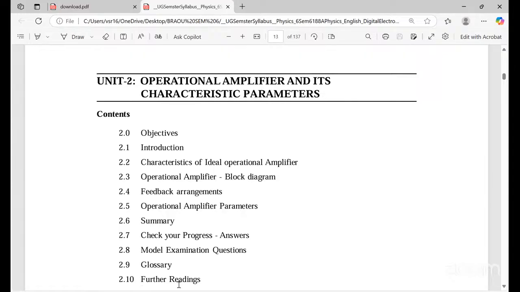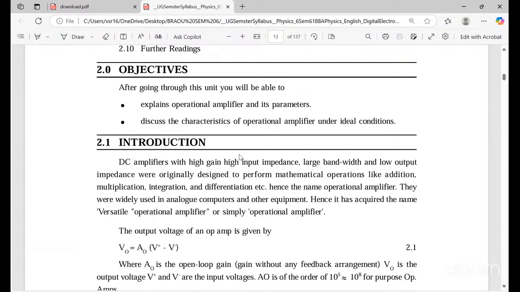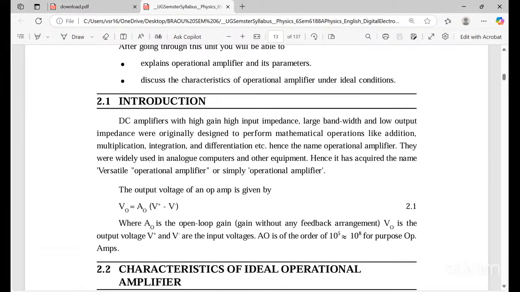Next is the operational amplifier and its characteristic parameters. First, let me give you an introduction to operational amplifiers. They are DC amplifiers with high gain and high input impedance Zi, which have a large bandwidth and a low output impedance, and were originally designed to perform mathematical operations.